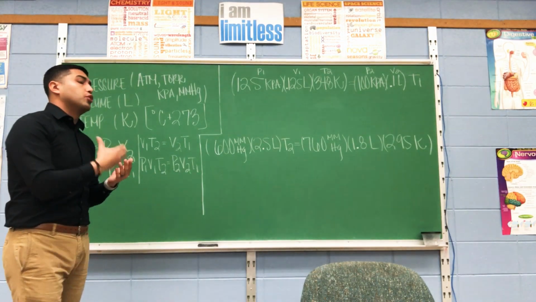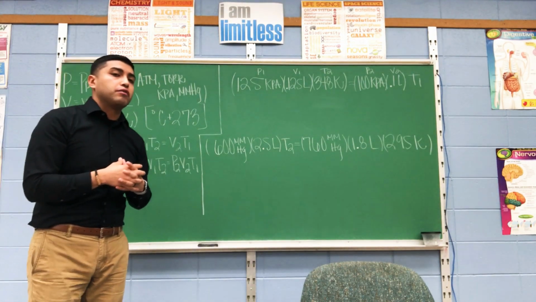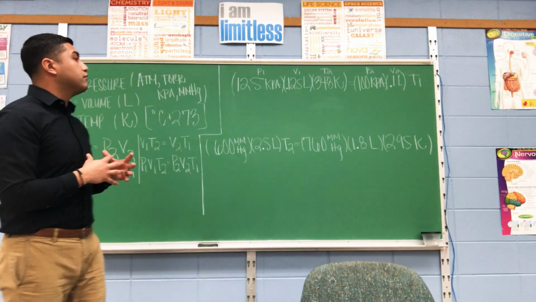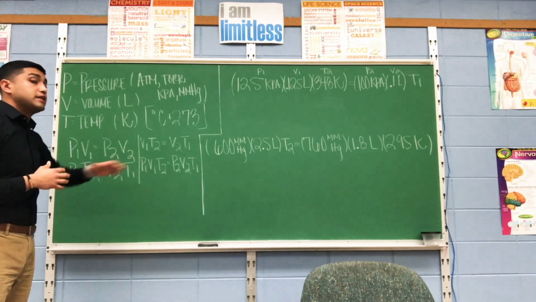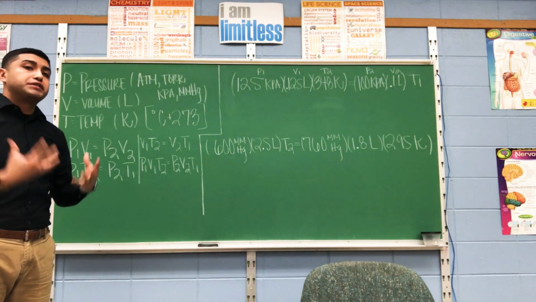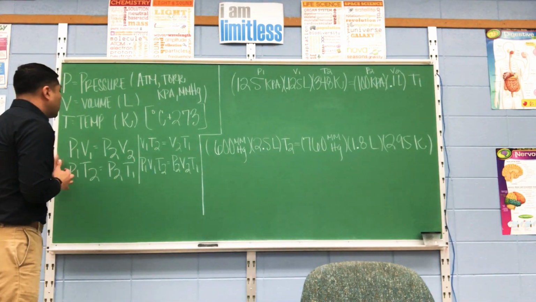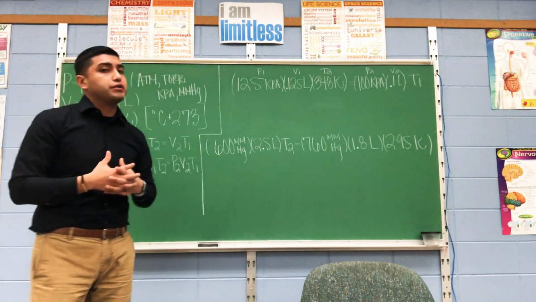You have to make sure you realize what it is that you're solving for first. Once you know what you're solving for, then you can figure out which one of the formulas you will be using.